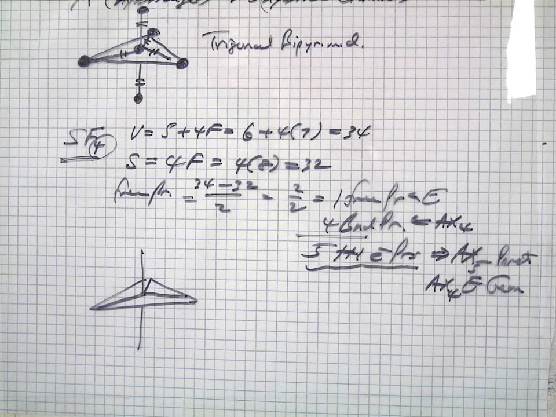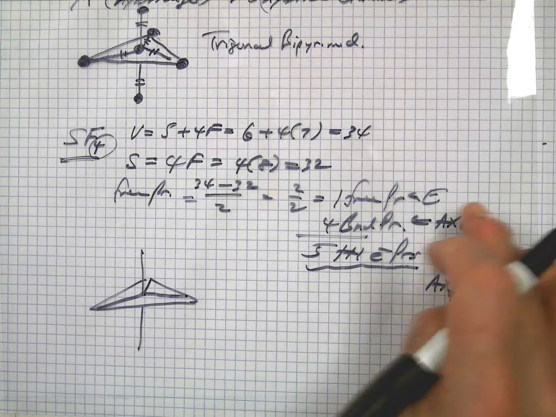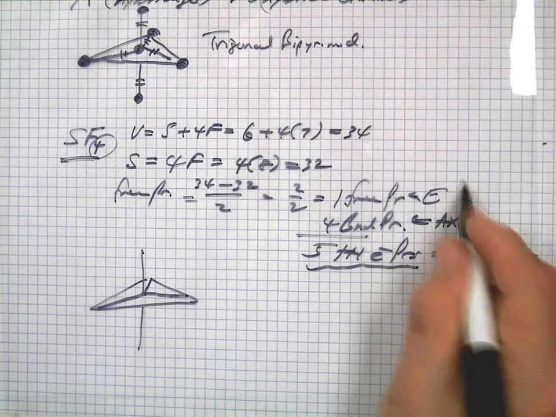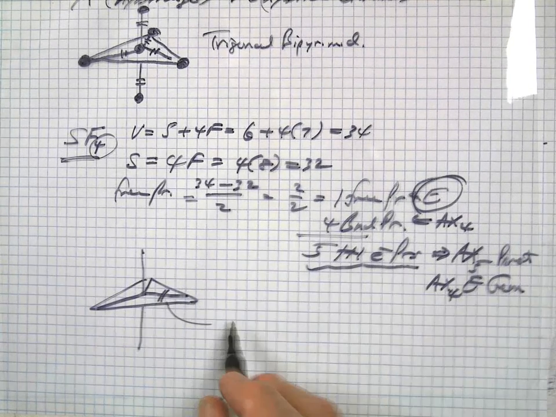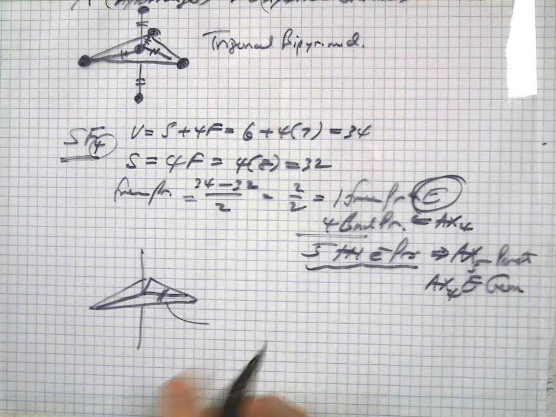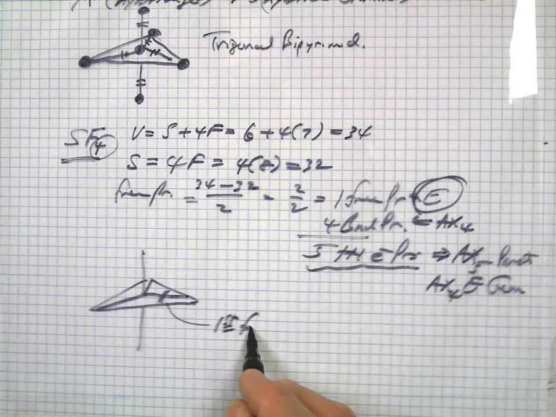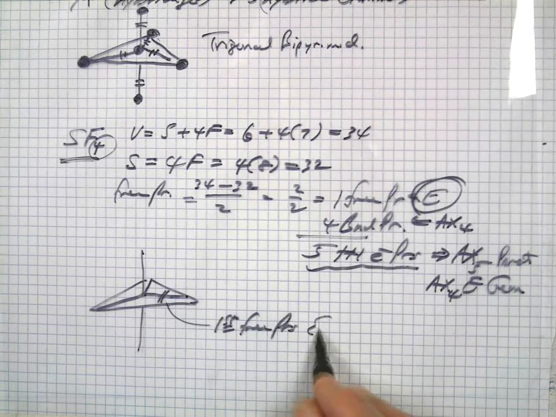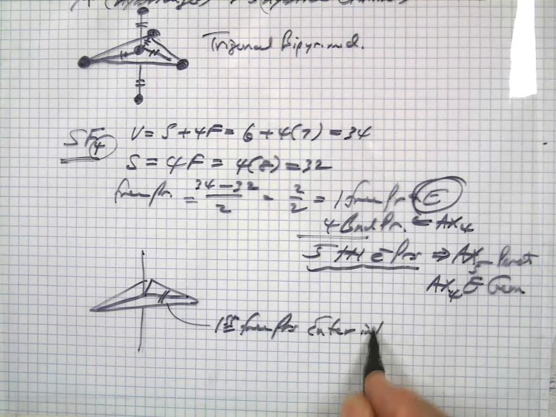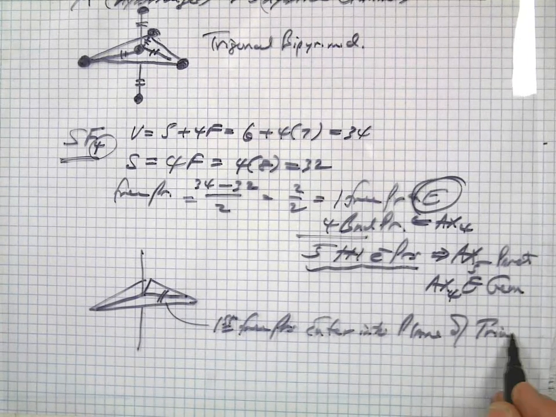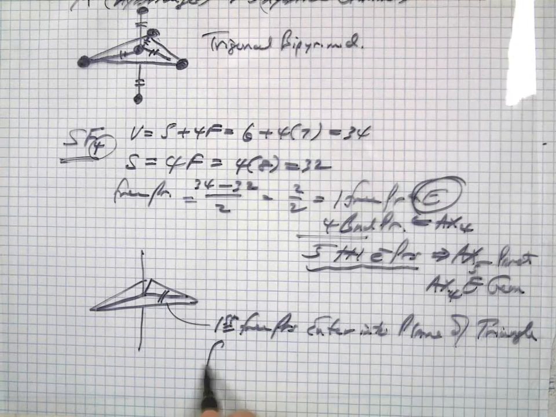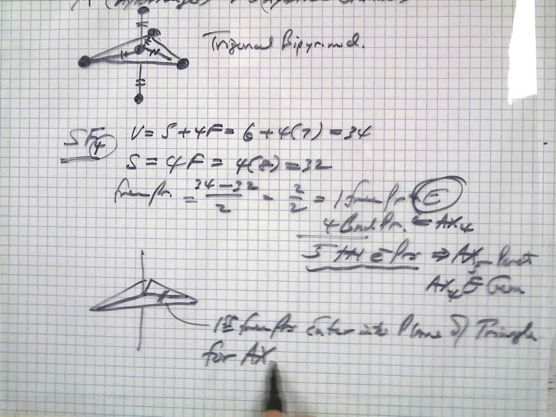Now, there's a trick here that you've got to remember for test day. This is the first free pair that we're putting in. It goes in the plane of the triangle. First free pairs enter into the plane of the triangle for AX5 parents.